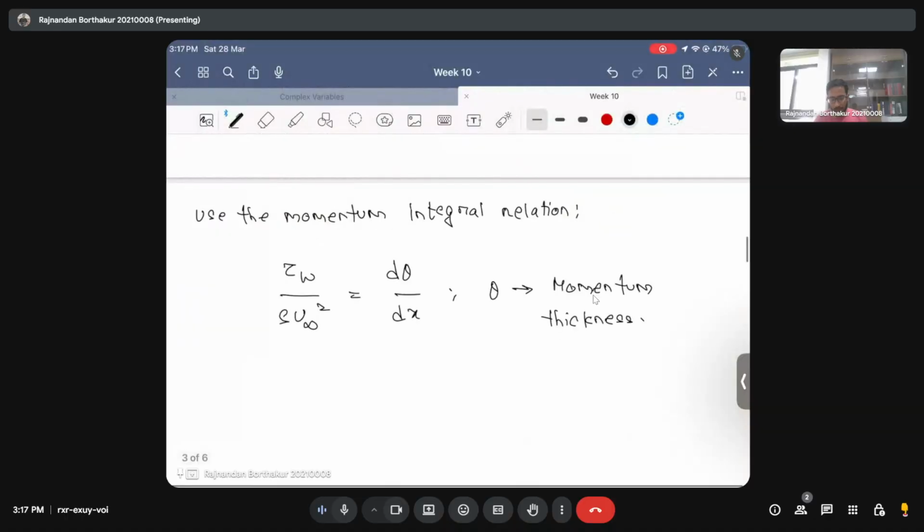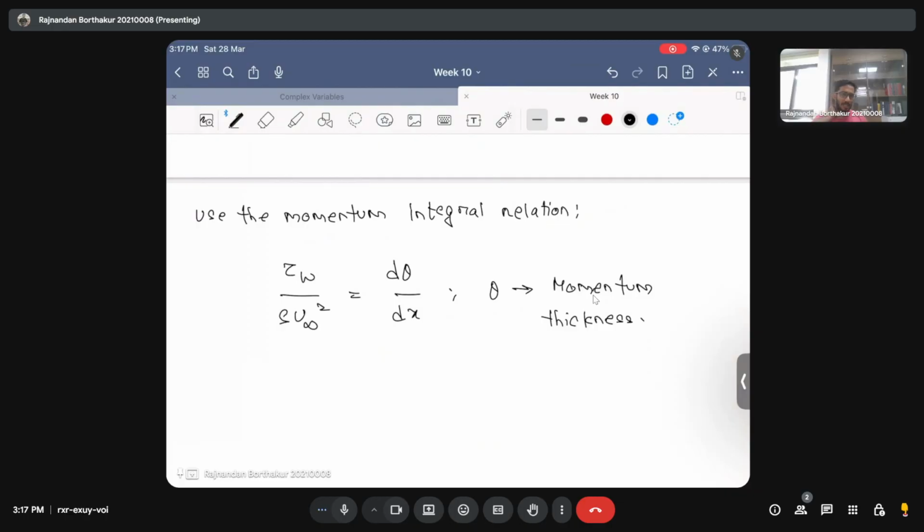Anyways, maybe I can discuss what we are supposed to do next, and I think you can guess. What we need to do is first to evaluate tau w, and we know that u is a function of y by delta. So in principle, if you know u, that is the velocity profile inside the boundary layer, you in principle know what is the wall shear stress. And then we also need to find an expression for theta, which is the momentum thickness.